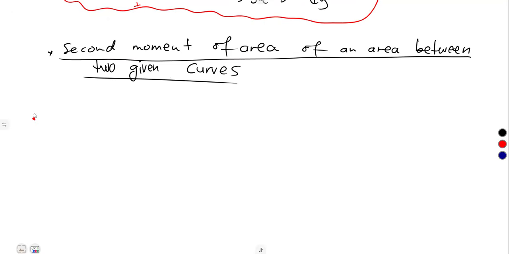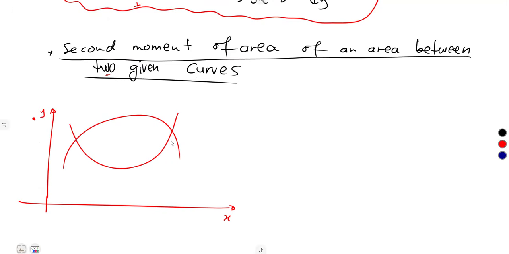So here we can have a condition where the two given curves, remember this time they are now two, enclose an area between them. We can have a condition where the two given curves are like this, and the limits will be for x, a and b, having the representative strips.